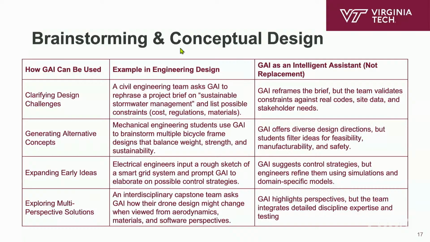What solution could you possibly think of? I think ChatGPT and Claude and all these tools are a fun partner to play around with in that way. The emphasis here is that it's offering diverse directions for design, but it's the student's job to filter those, like in traditional brainstorming, by adding in your constraints of feasibility, like costs, manufacturability, things like that.